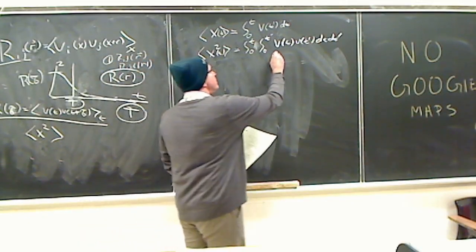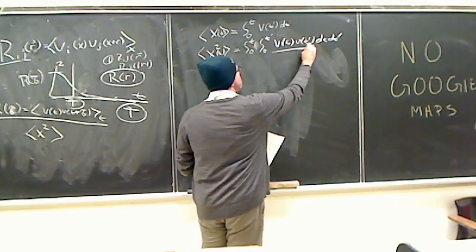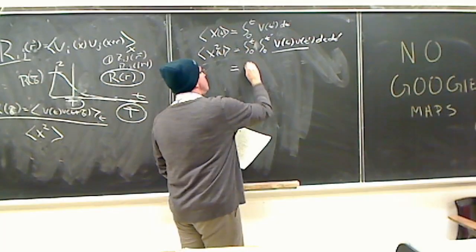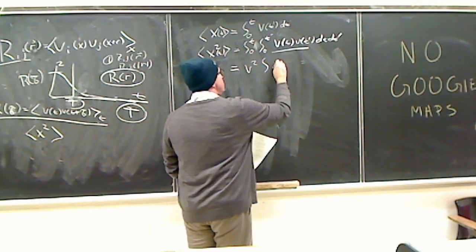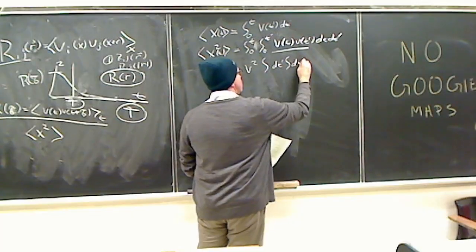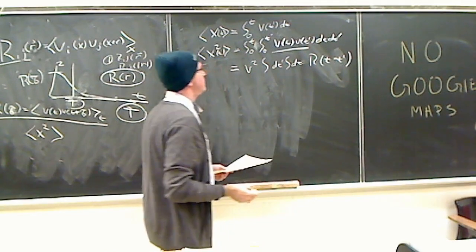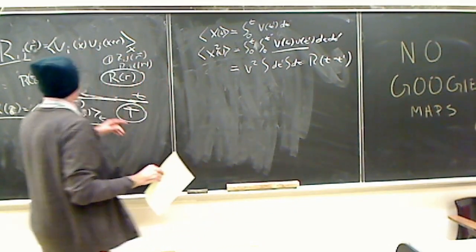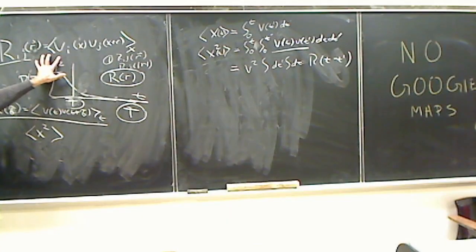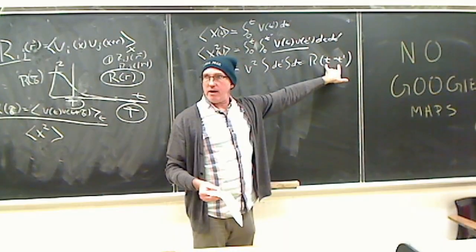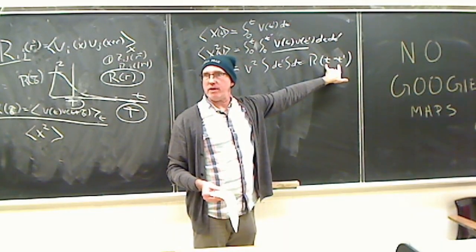So now you can see that this is basically related to v squared times the integral of dt dt prime r of t minus t prime. I'm just plugging in some correlation function as a function of time. We're going to call it r. Now it can't depend on t and t prime in any way other than the difference between the times, because we don't have any initial conditions.